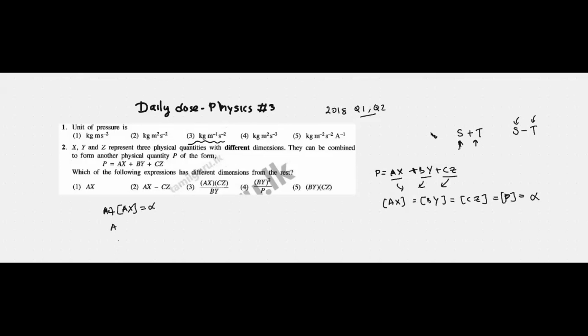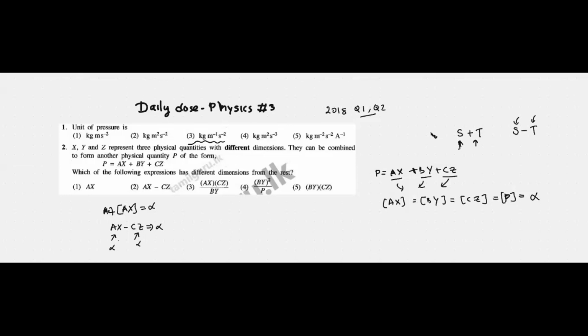And then ax minus cz. I told you we can only add or subtract physical quantities with the same dimensions. And you can see ax and cz have the same dimension, which is alpha, and the answer also will be alpha. So ax minus cz has a dimension of alpha.